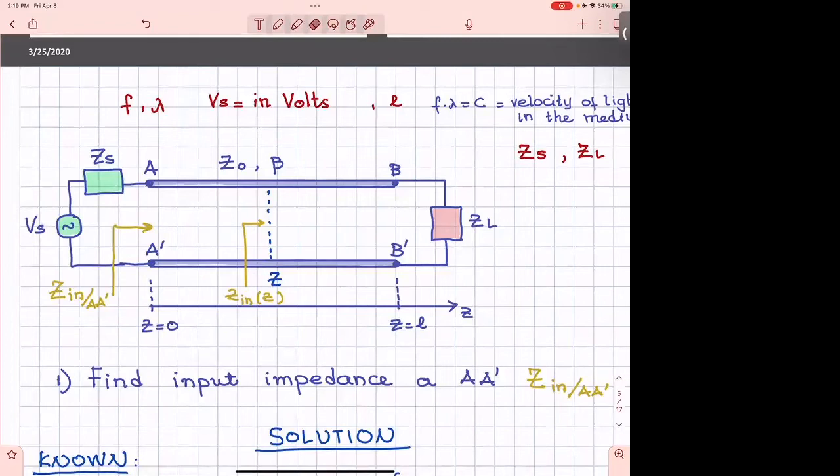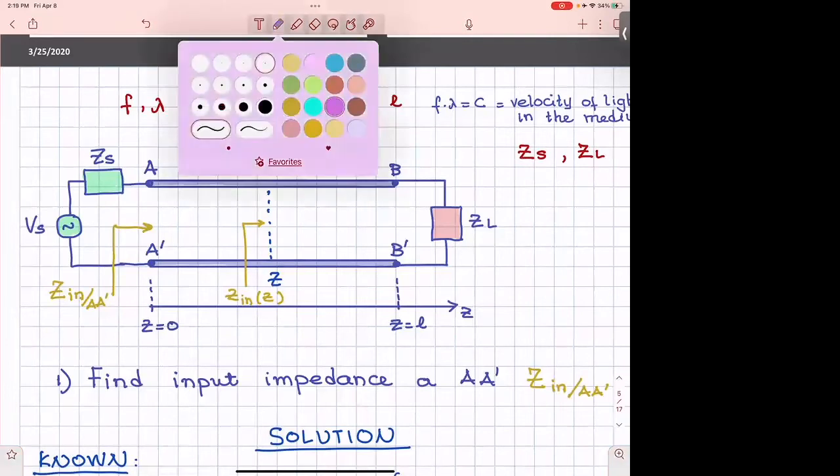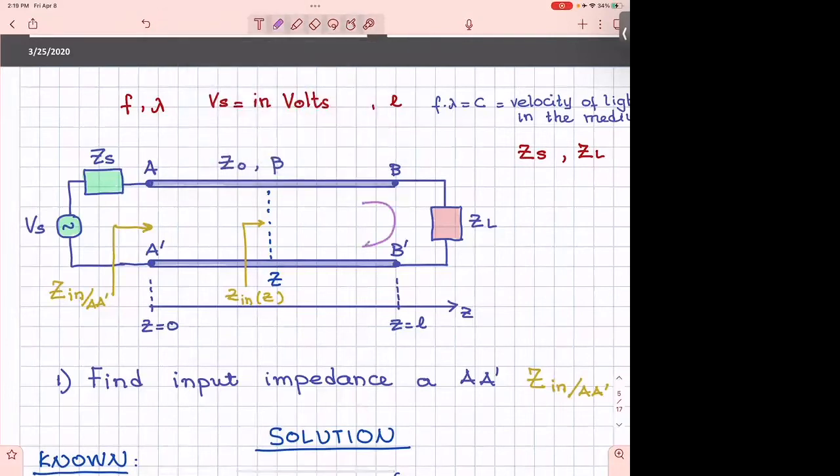Now, also I need to tell you that at any point, say you go to BB prime, usually we show the reflection coefficient like this. I always show the reflection coefficient like that to remind you that it shows reflection.